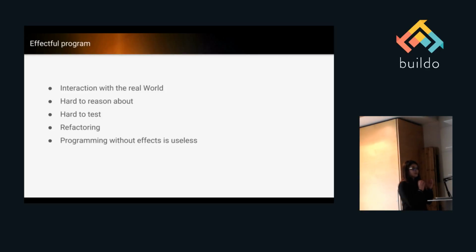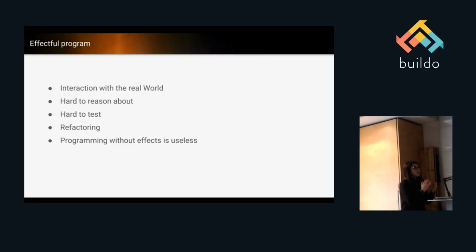So it's hard to control effects. If you call an effectful program, it will be executed right away. It's hard to test. That's why we need some tools to mock our effectful programs. And it's hard to reason about our program and do refactoring.